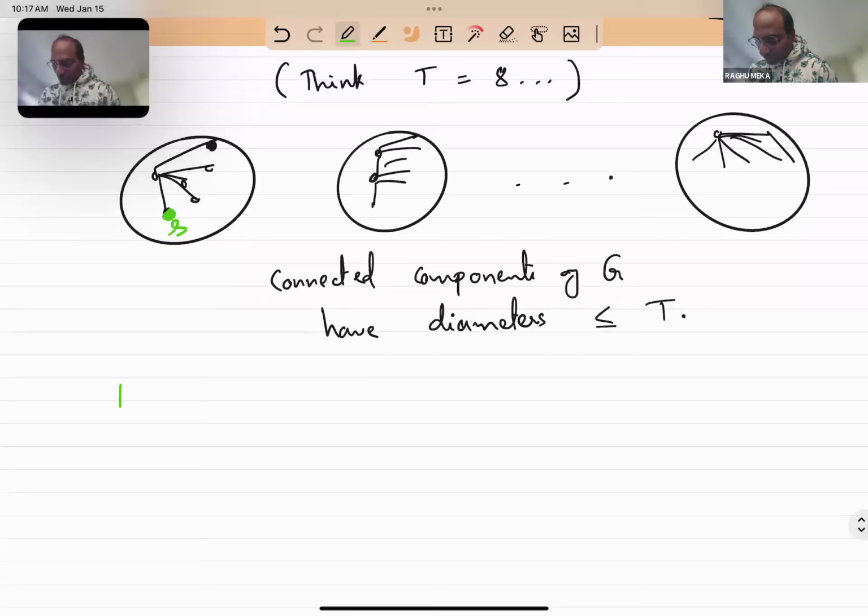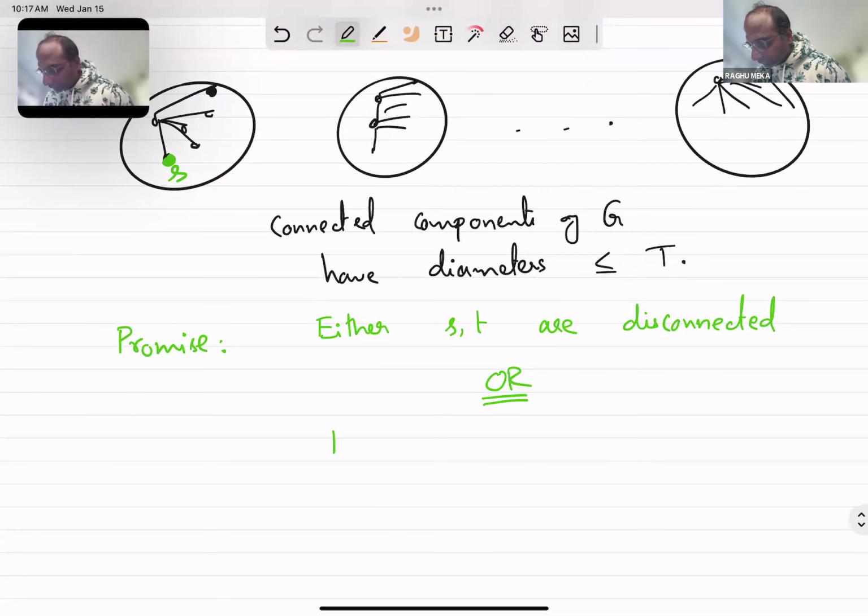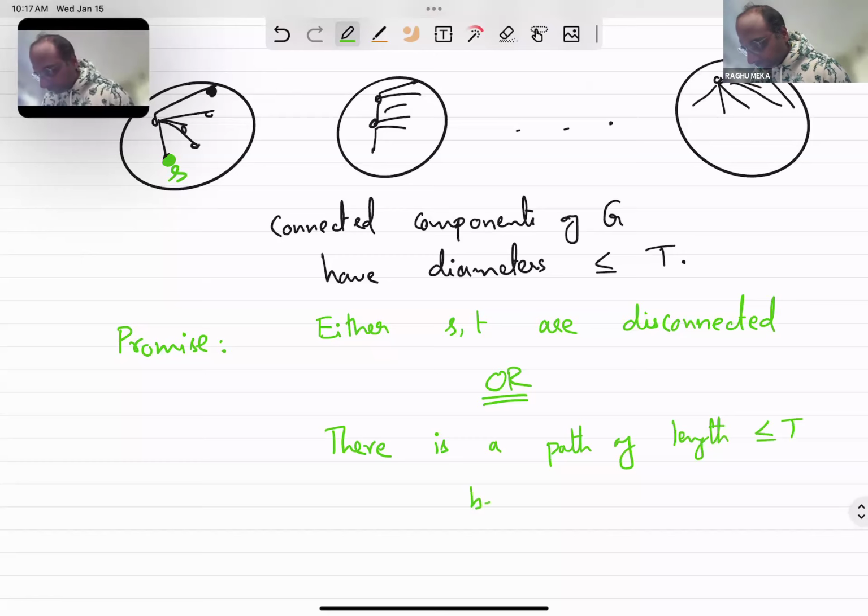Okay. So in other words, the promise tells you that either S comma T are disconnected, or, okay, again, think of T as being 8.